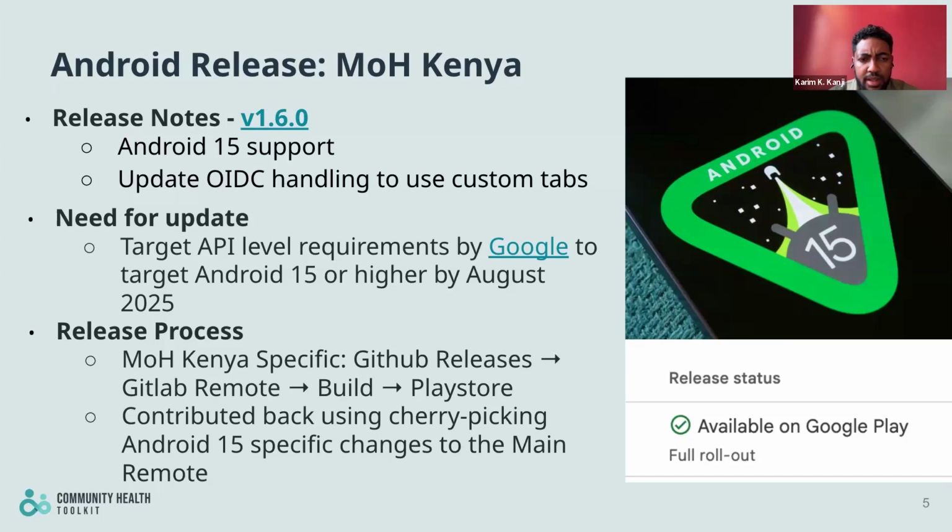All in all, the release process that we used is an MOH specific kind of release. Previously, before we moved to GitLab, we used to have the releases published on GitHub through the activation of releases.